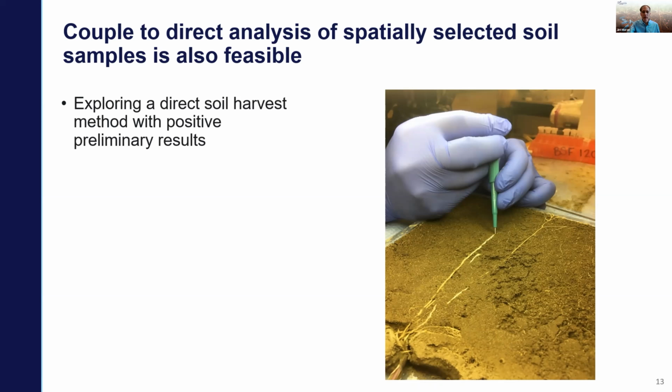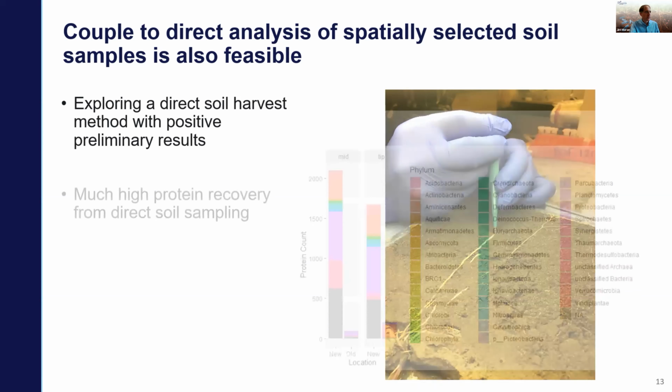Again, we're targeting rhizosphere with the full recognition that not all rhizosphere along a root is identical, right? We don't want to just isolate all the soil and do bulk rhizosphere proteomics, because we may be blurring a lot of spatially driven heterogeneity in the process.